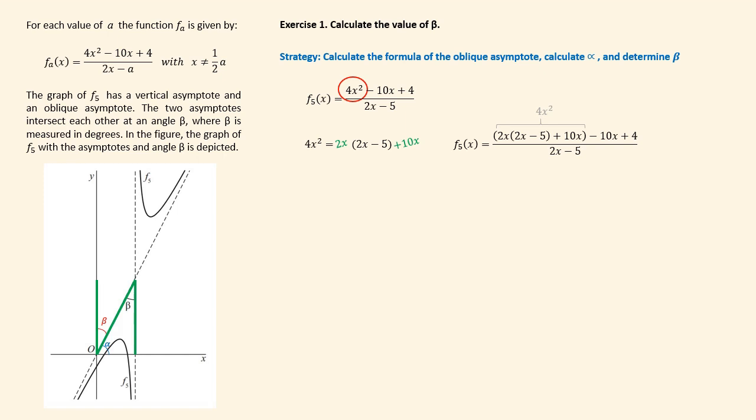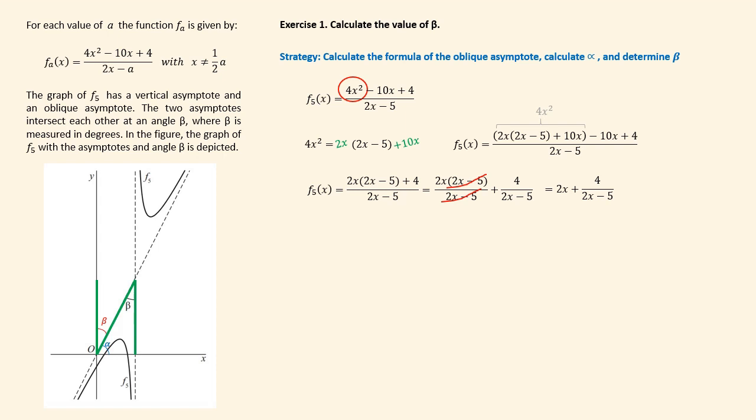Now we're going to simplify this formula until we come here, and we can see that in the first term 2x minus 5, both in the numerator and the denominator, cancel out. And therefore the simplest way of writing this equation would be 2x plus 4 divided by 2x minus 5.